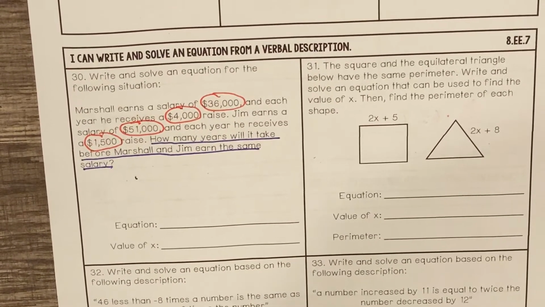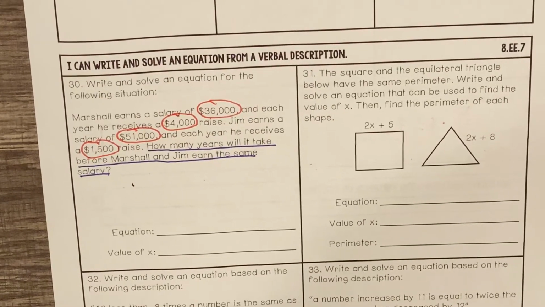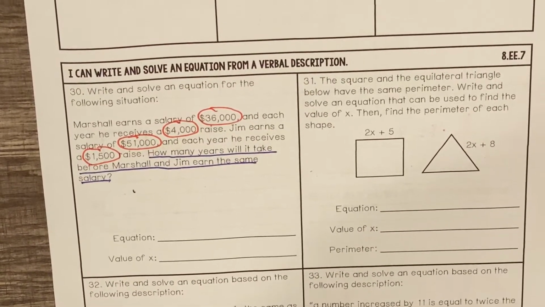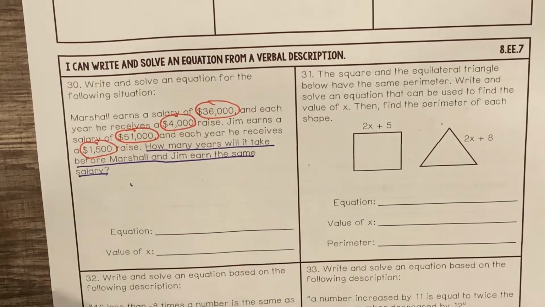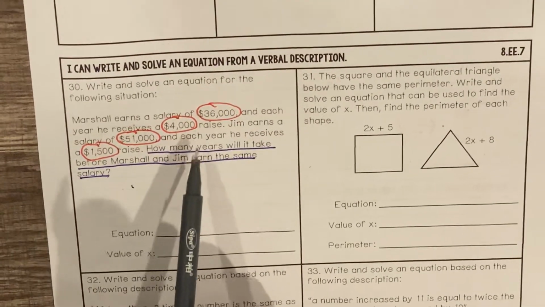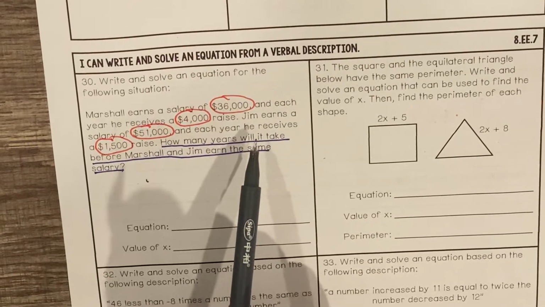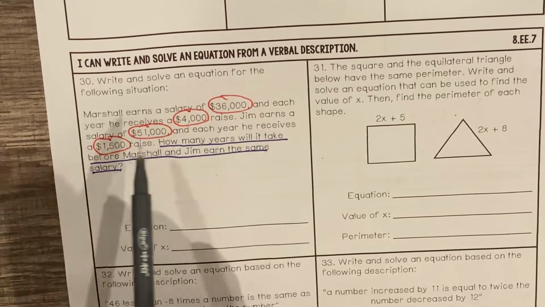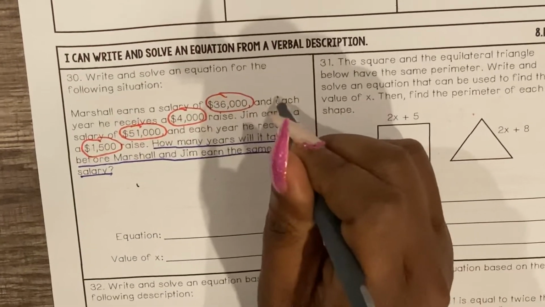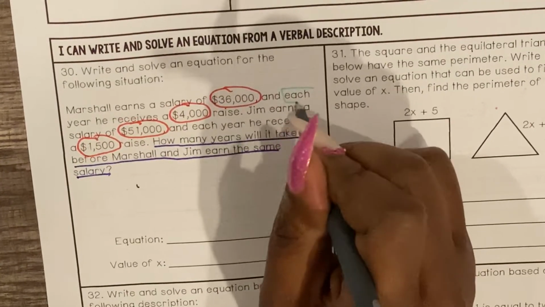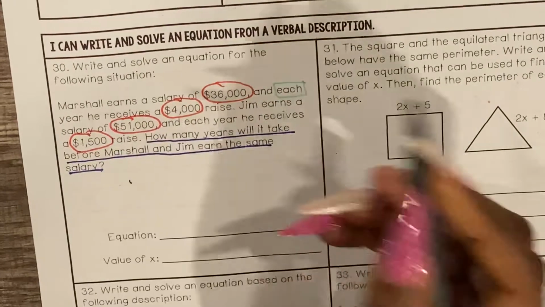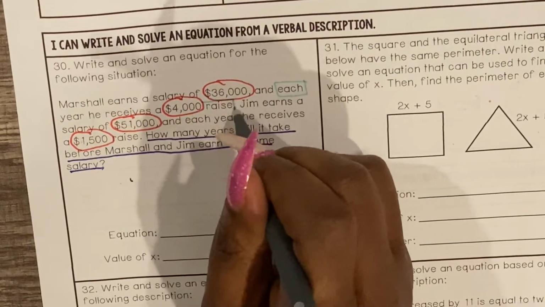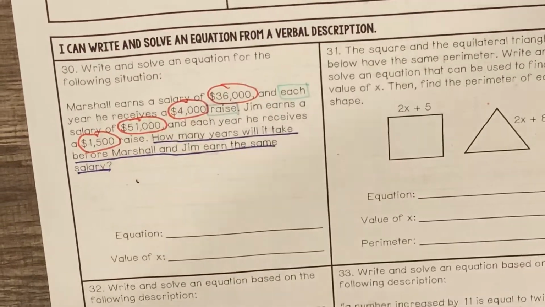How many years will it take before Marshall and Jim each earn the same salary? So go back to the beginning. Marshall earns a salary of $36,000 and each year he receives a $4,000 increase, raise.